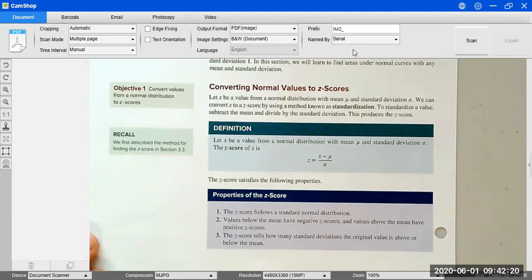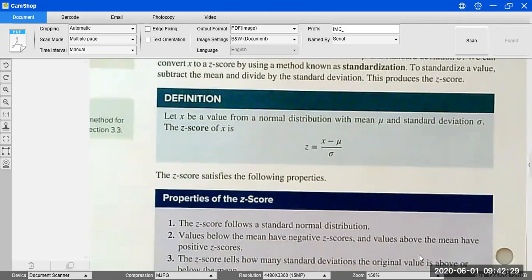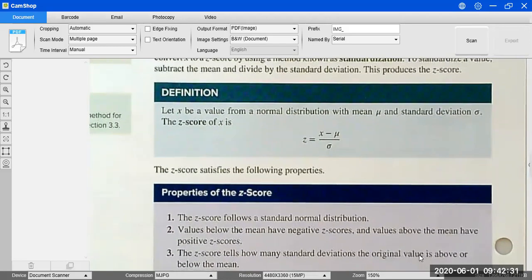And also that the mean for the standard normal distribution is 0. So values below the mean are negative, and values above the mean are positive z-scores, because the mean for the standard normal distribution is 0.